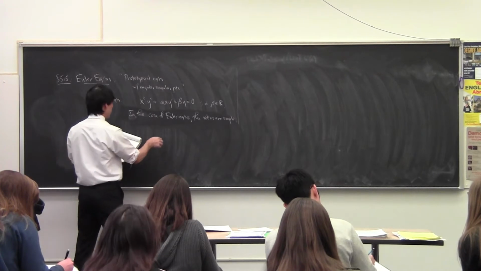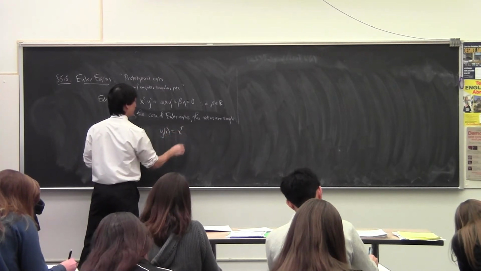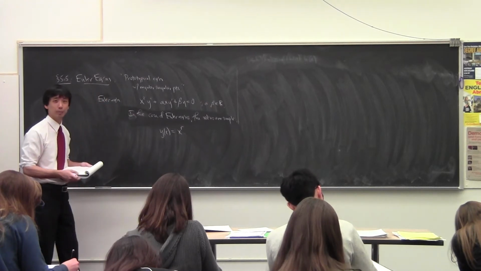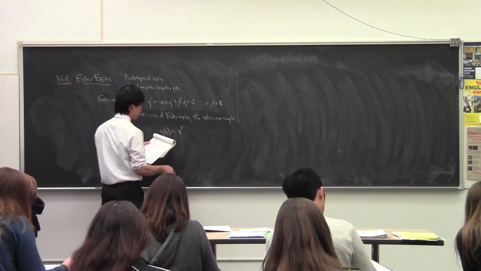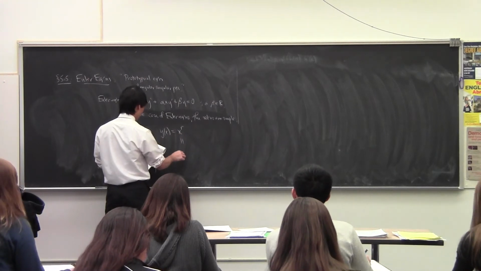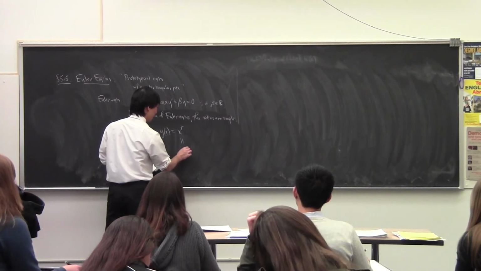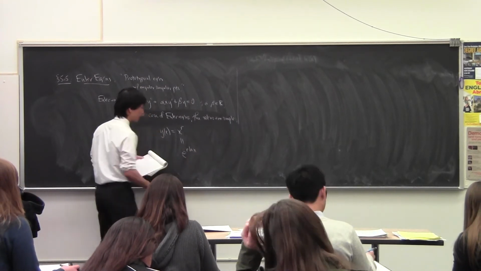You could make a guess, y of x being x to the r. So you just take some power of x. And let me remind you, in case you've forgotten, that x to the r is defined to be e to the r ln x.